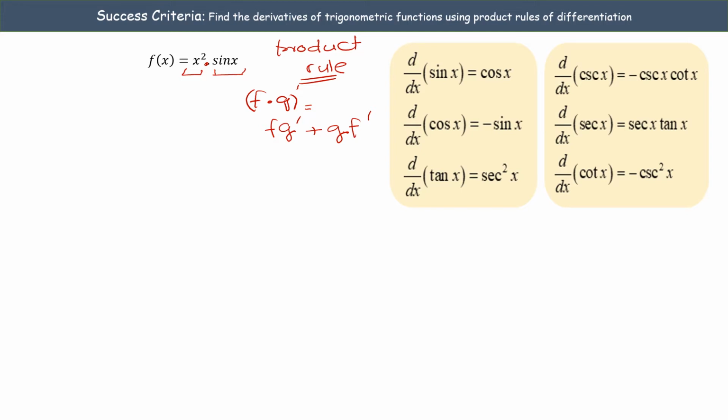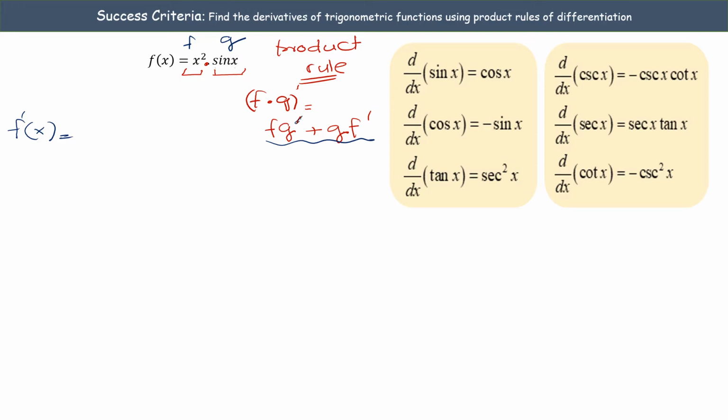In your case, the first function is f and the second function is g. Now you have to put everything according to the formula. In place of f, you write x square, and in place of g, you put sin x.